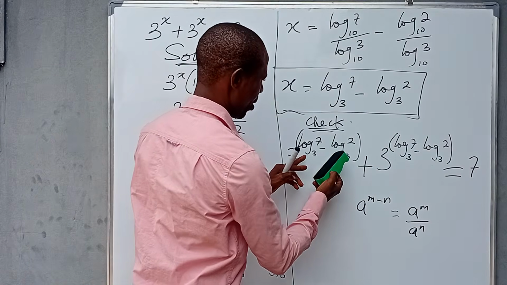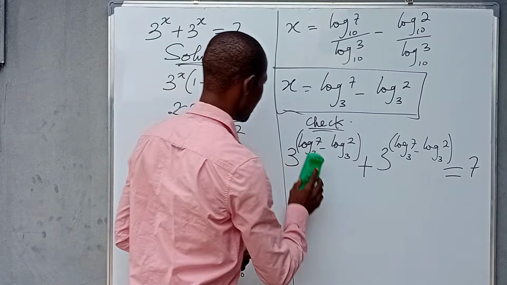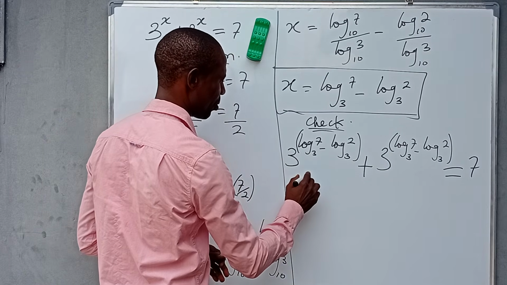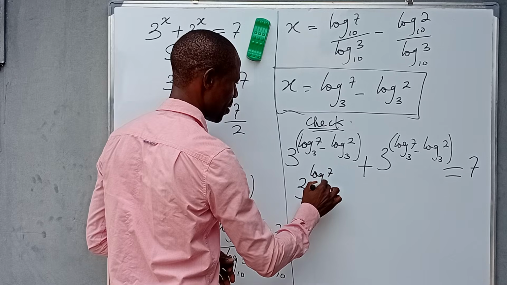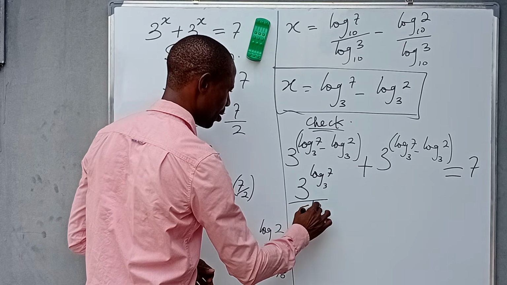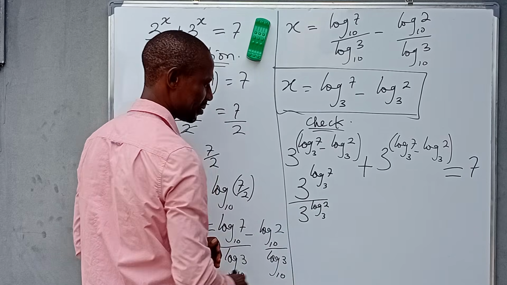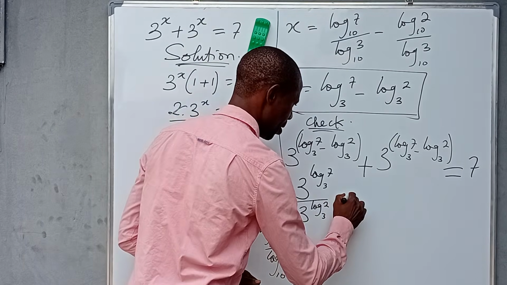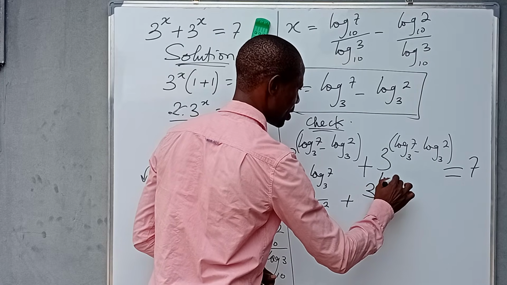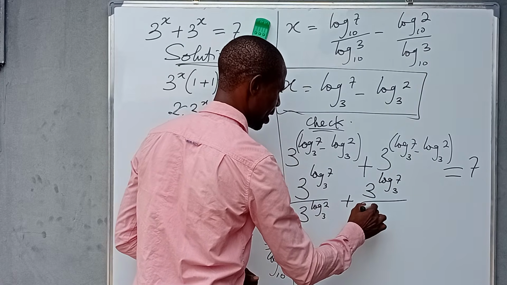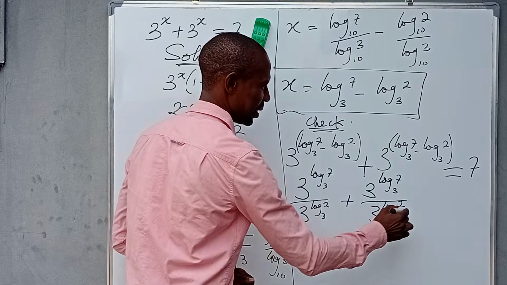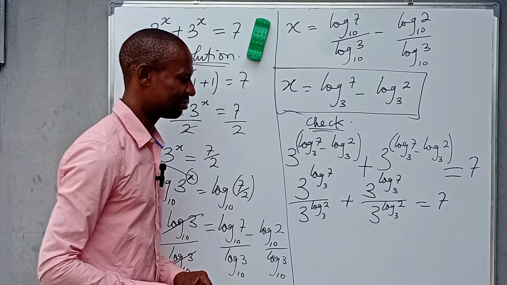Okay, so I want to rewrite this expression here. It can be written as 3 to the power of log 7 base 3, all over 3 to the power of log 2 base 3. Then plus, here we have the same thing, 3 to the power of log 7 base 3, all over 3 to the power of log 2 base 3, everything equal to 7.